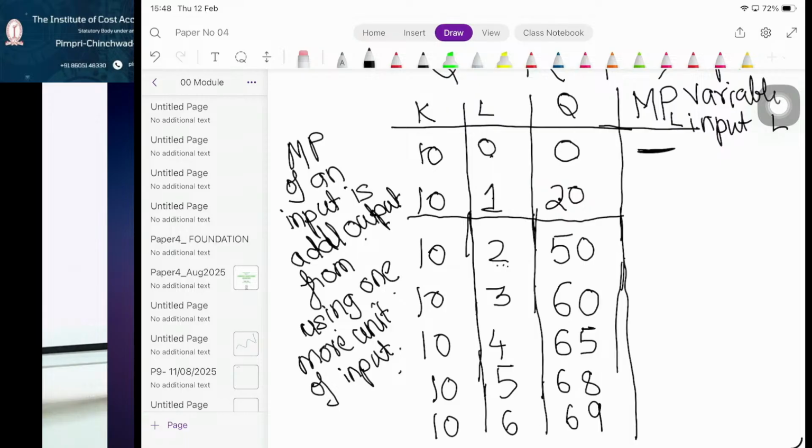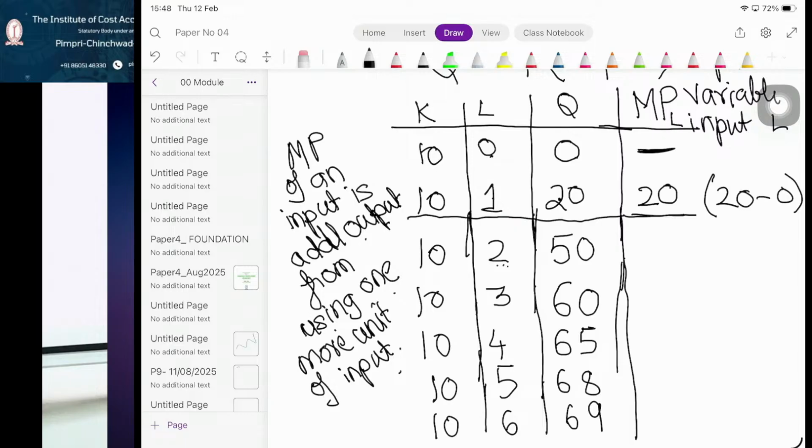So the first unit of labor has contributed 20 minus 0 units of output. What is that? 20, correct, absolutely right. Did you all get this? Logic is clear. 20 minus 0, and this is 1 minus 0, so 1 minus 0 is 1. So additional output produced by the first unit of labor is 20.